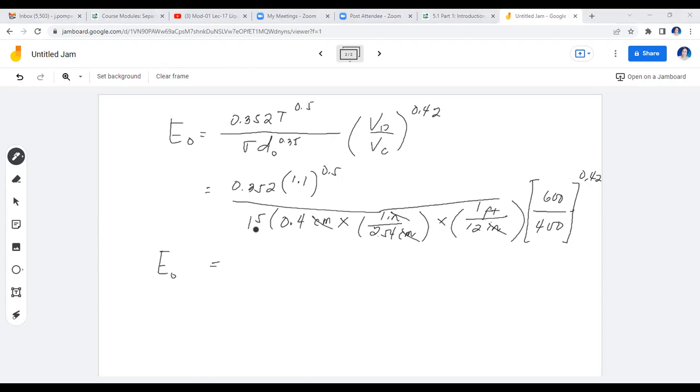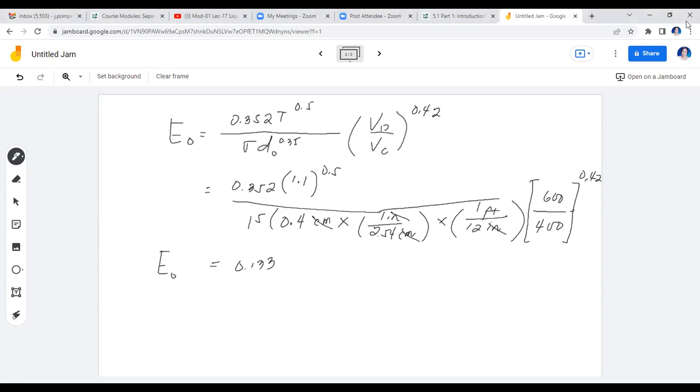This is efficiency, so our answer should be less than 1. Johan here gave 0.133. Kindly check if you get the same answer as well.